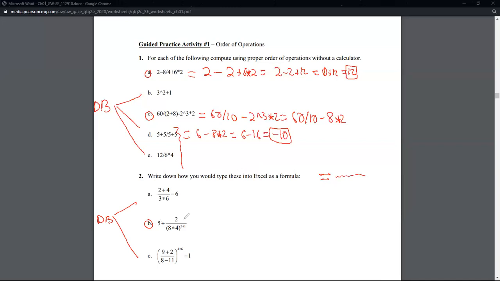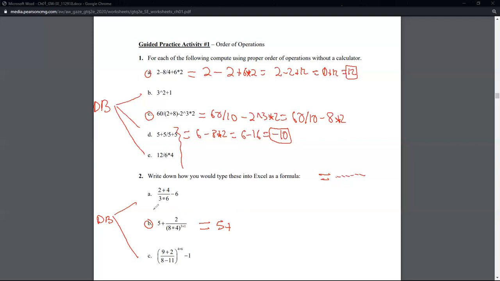5 plus, and then a big old fraction. With fractions, you typically need parentheses to separate the top and the bottom. In fact, the bottom's already got a parentheses for the exponent, so that might be helpful. So this is going to go equals 5 plus. There's nothing super special going on here, just a 5 and then a plus.